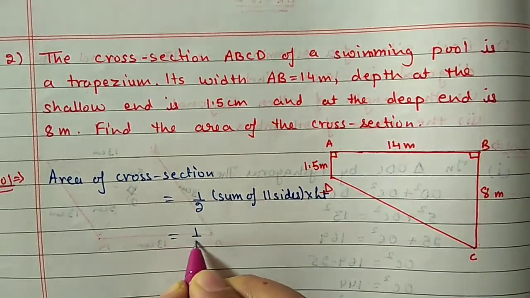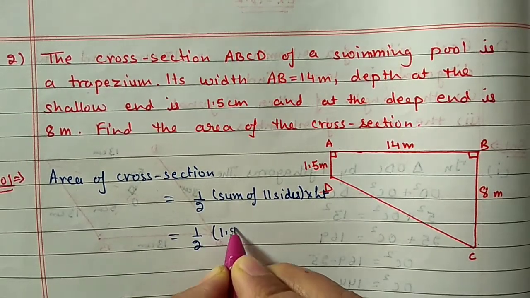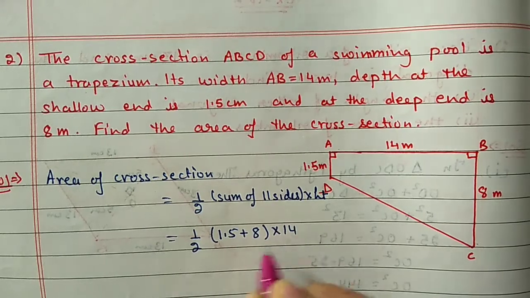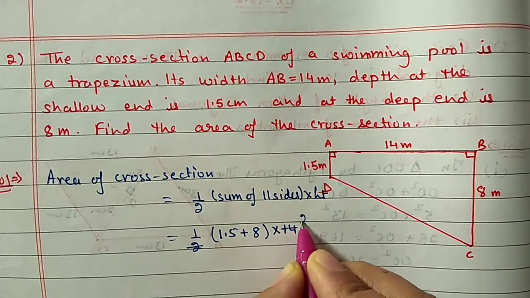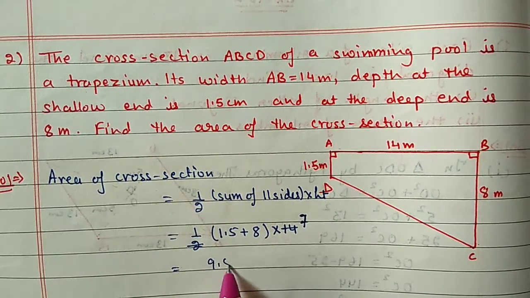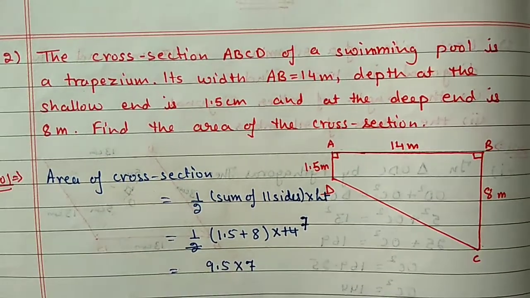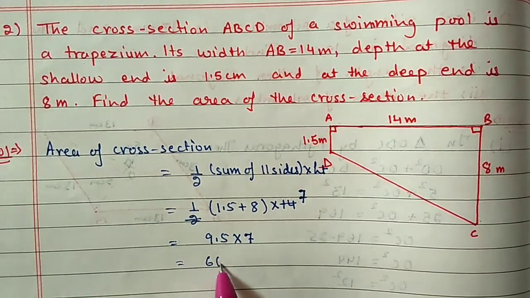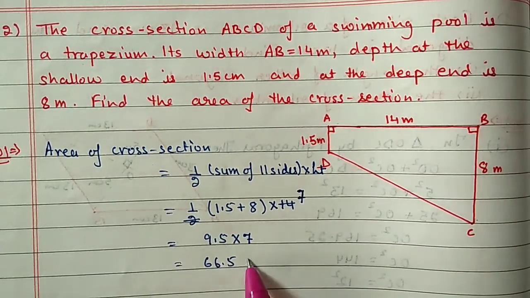So parallel sides are here 1.5 and 8, and height is 14 meter. Yes, you can cancel, 2 7s are 14. This we will get 9.5 into 7, which is equal to 66.5 meter square.